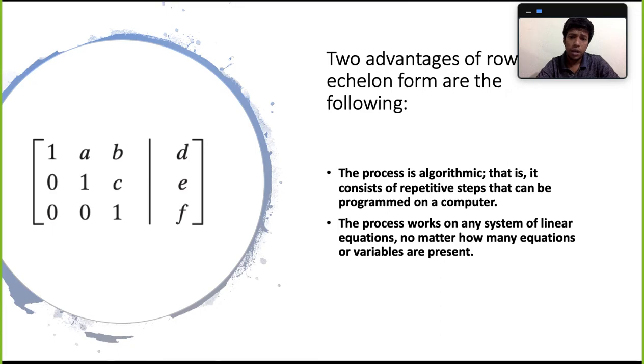And this is useful for any system of linear equations, any number of variables. Do you understand? This second point is so strong, because it says that you can work with any number of equations.